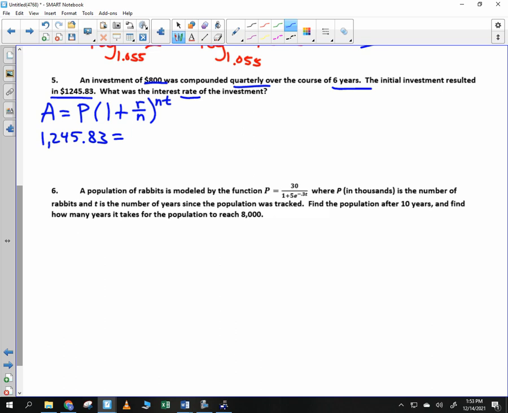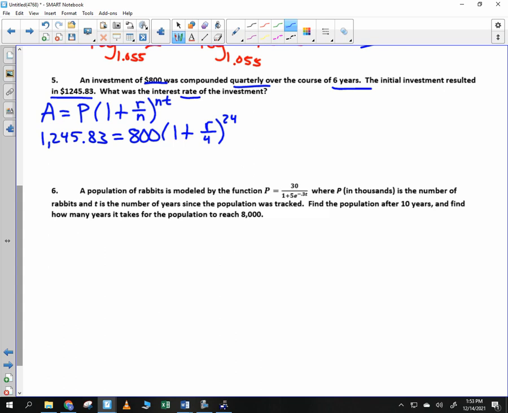What's your initial investment? 800. 1 plus, what's the rate? R. Yep, 4 times quarterly, so 4 times. Raised to what power? 6 times 4. 6 times 4, which is 4 times 6. 24. Yep, 6 times 4, 4 times 6, either way is fine.